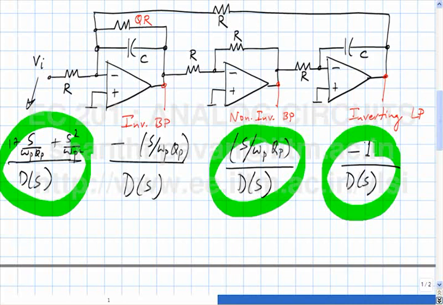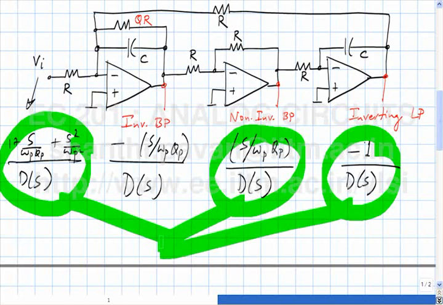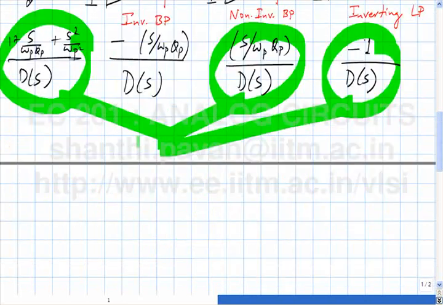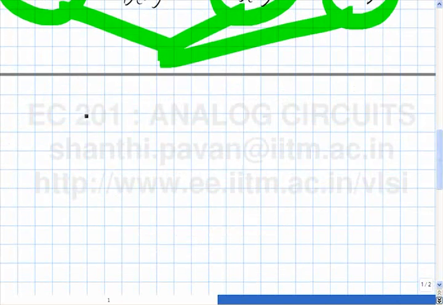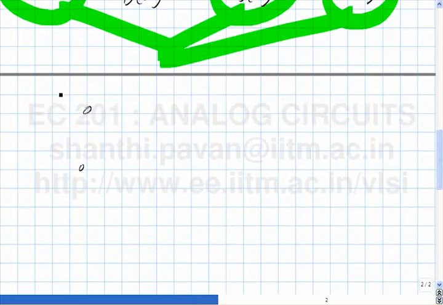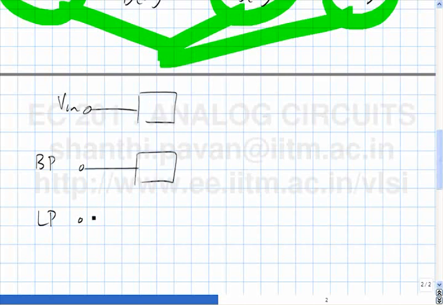It's just a matter of adding this and this in the right proportion. So the general approach to realizing the numerator is to take the direct terms of V in, the band pass output, the low pass output, and you multiply them up by constants A1, A2 and A3 and add them up.